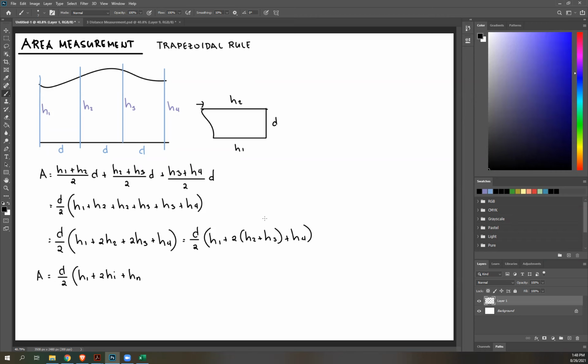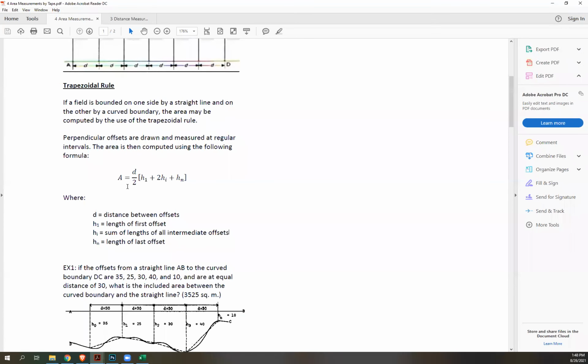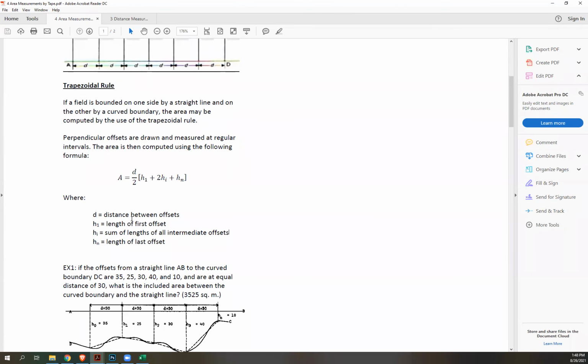In this case, that would be H4, since there are 4 offsets. That's your equation. So that's how the trapezoidal rule came to be: D over 2 times H1 plus 2Hi plus Hn. Again, D is the distance between offsets, H1 is the length of the first offset, Hi is the sum of lengths of all intermediate offsets, and Hn is the length of the last offset.